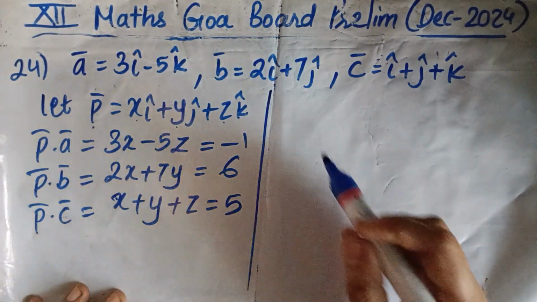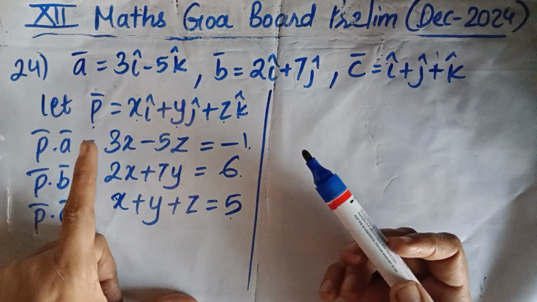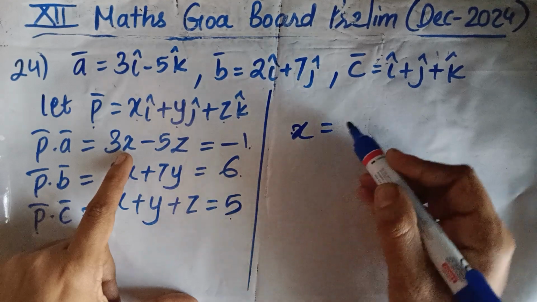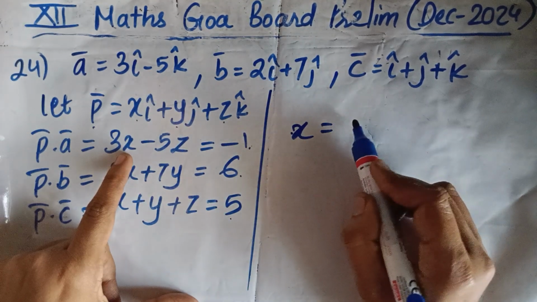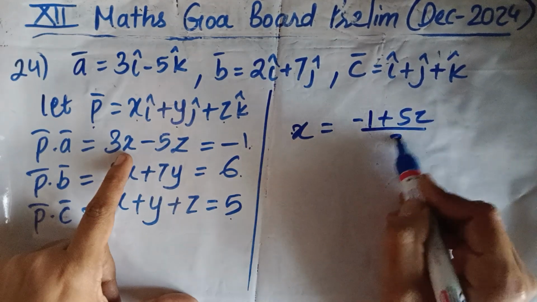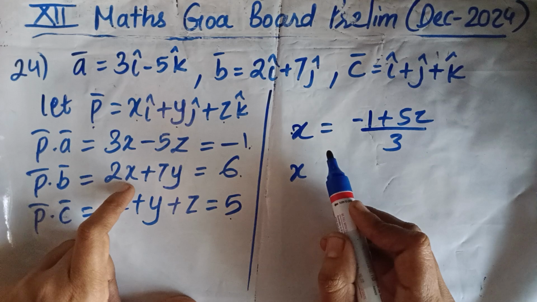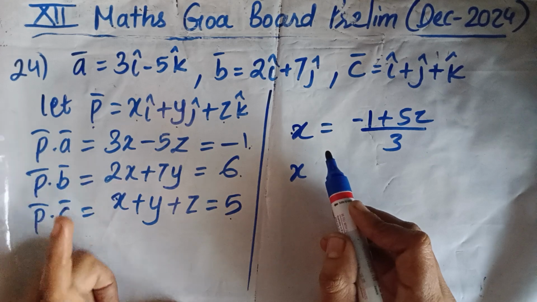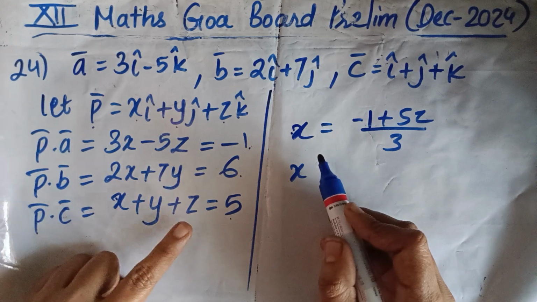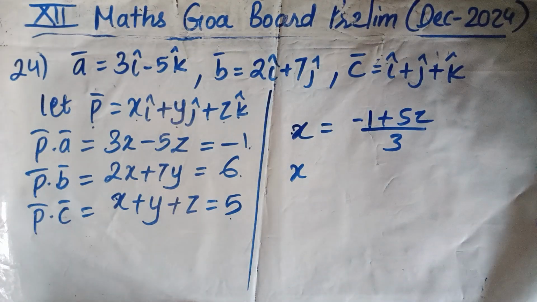So we have to make use of these three equations. From this equation you can write x as -1 plus 5z upon 3, correct? We have to put these two equations in this equation, so we write z in terms of x and y in terms of x.